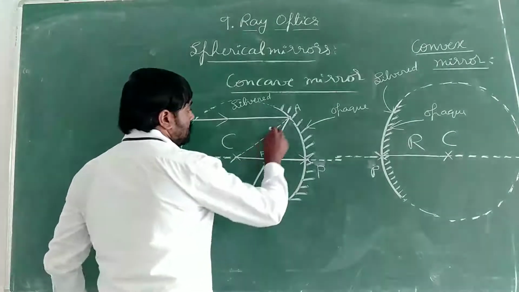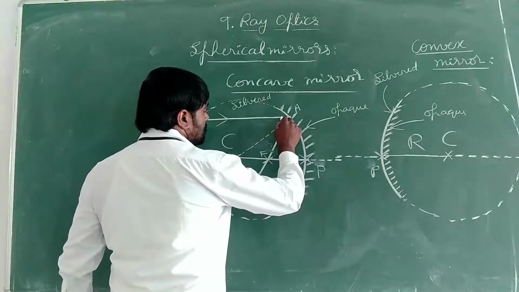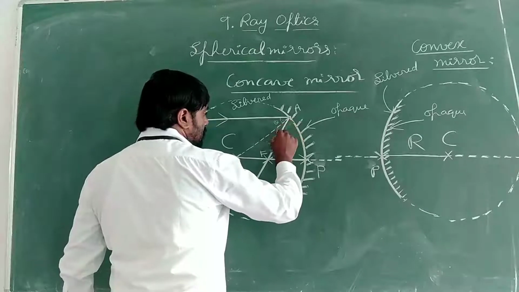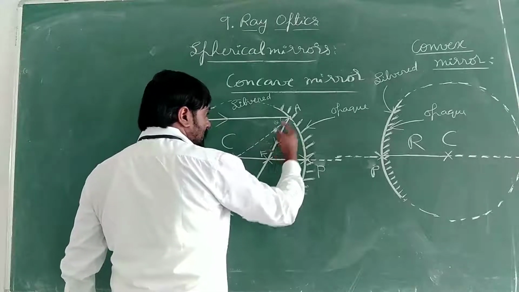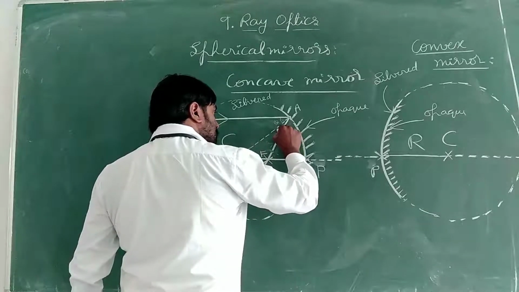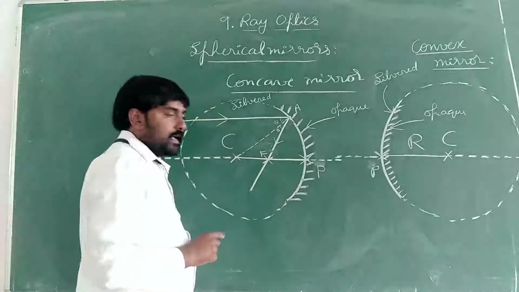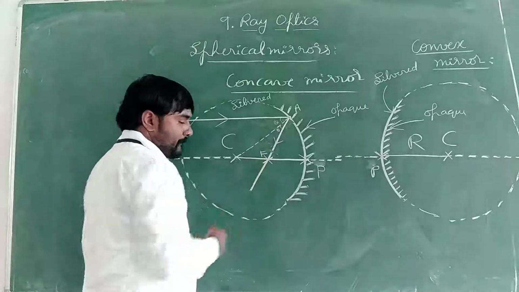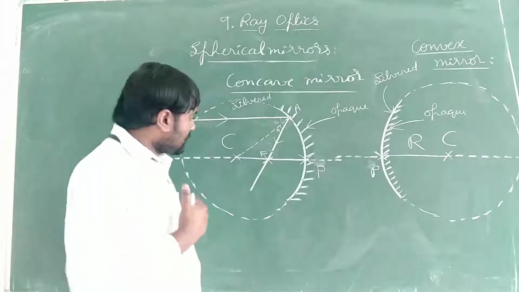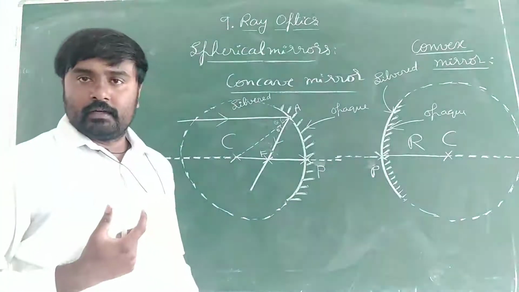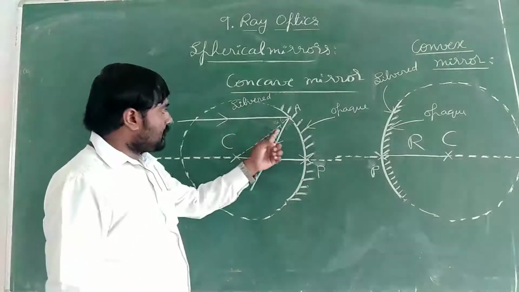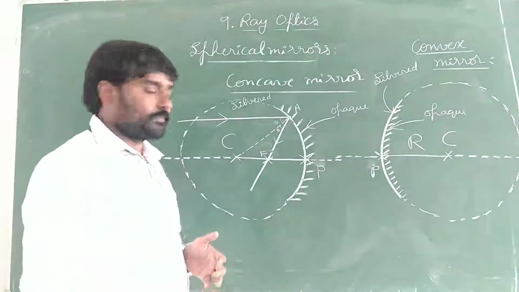So the angle made by the normal to the incident ray is the angle of incidence. The ray turns back into the same medium at the same angle. So this is the angle of reflection. The reflected ray obeys the second law of reflection of light: angle of incidence must be equal to angle of reflection.